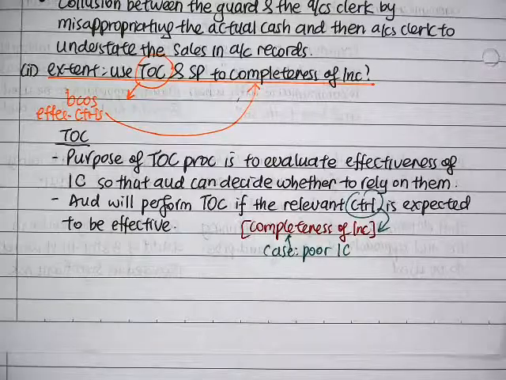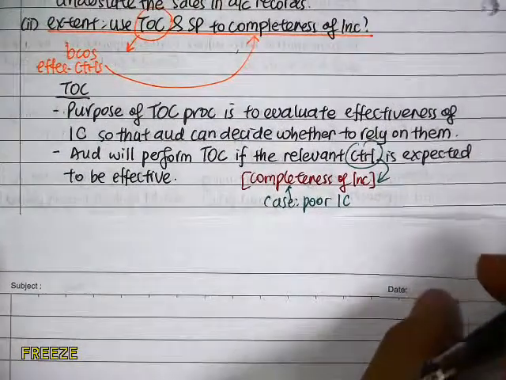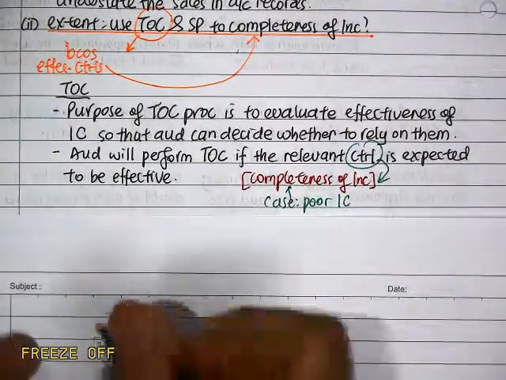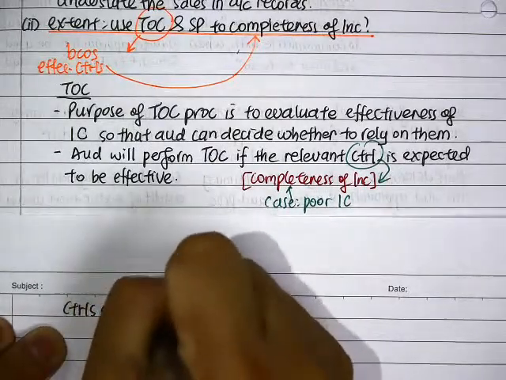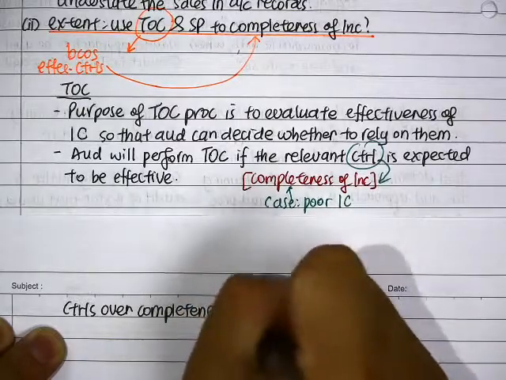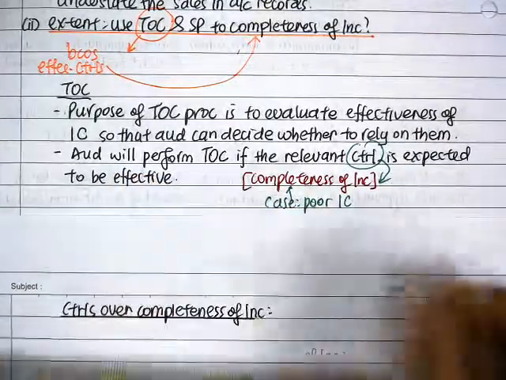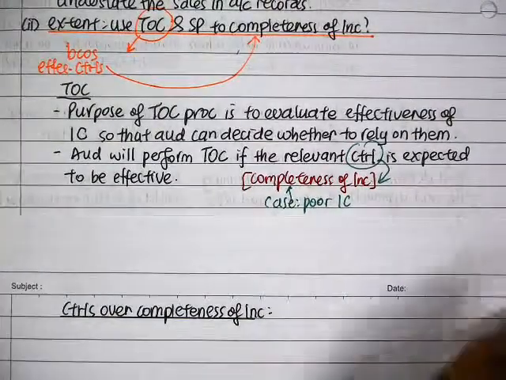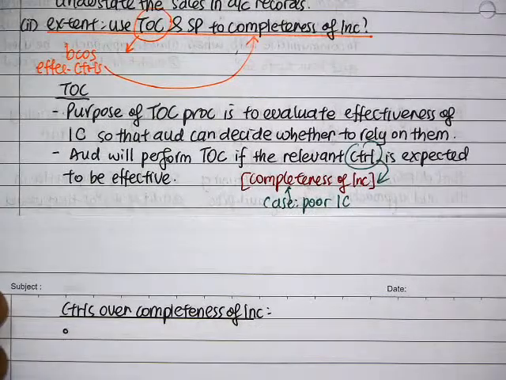Now, control regarding completeness of income. Controls over completeness of income. Why do we find that is weak?